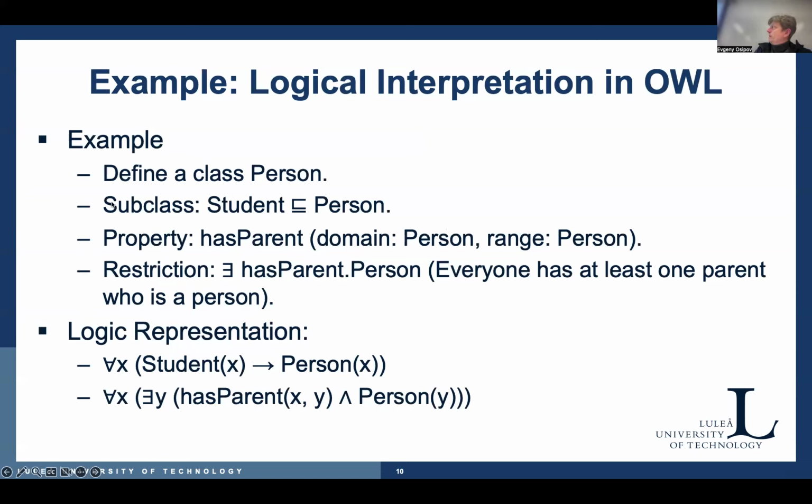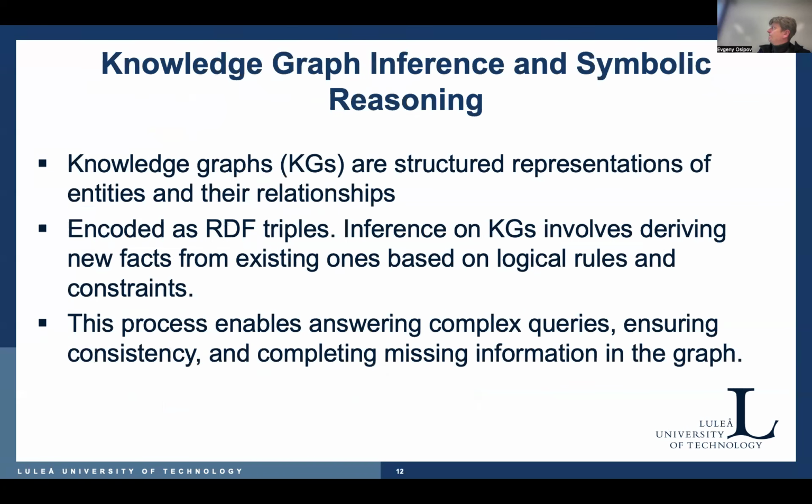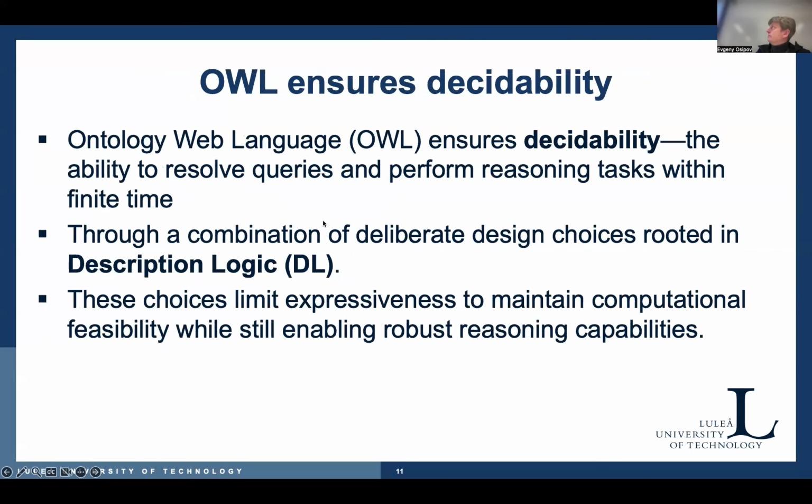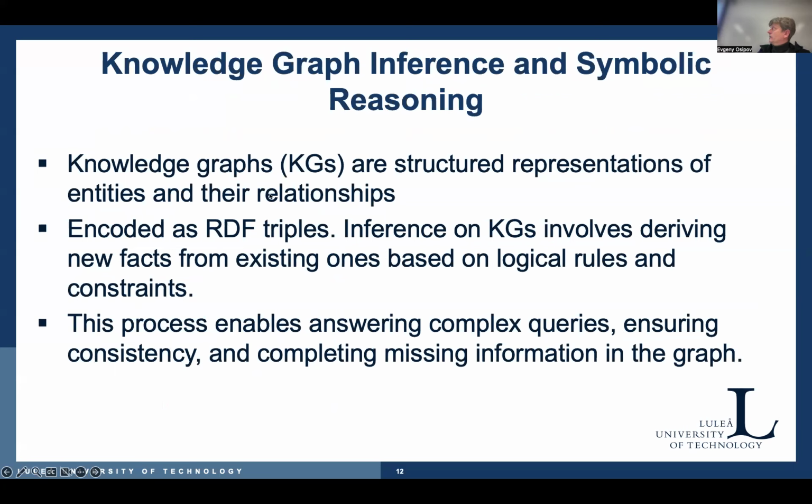Whatever you describe in your ontology has a corresponding logic representation, pretty much in the same way as we talked about a couple of weeks ago. And then internally, that's important to bear in mind, all these facts are represented as triples, and the triples describing a certain ontology are also referred to as a knowledge graph.